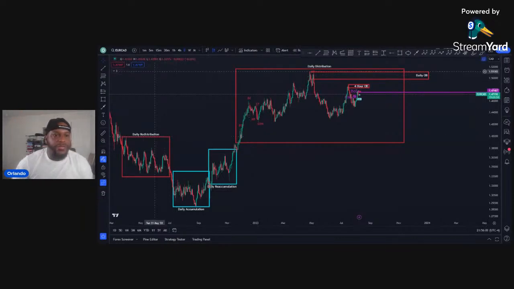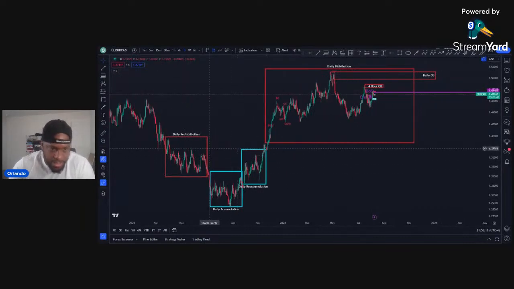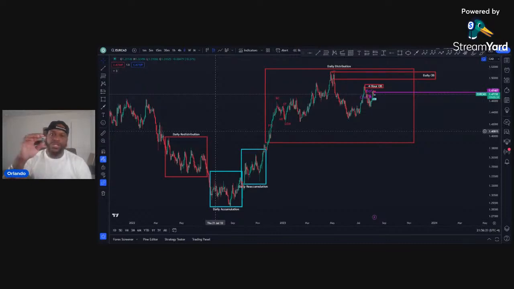Now, right now I'm on EuroCAD, which is the euro versus the Canadian dollar, on the daily time frame. The thing about the Wyckoff method market price cycle is that it goes in order like this: accumulation, market goes up, reaccumulates, market goes up again.